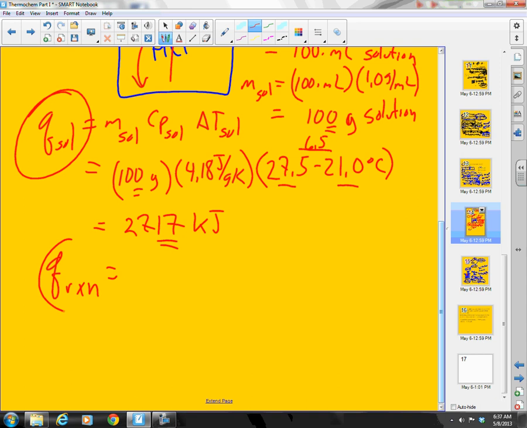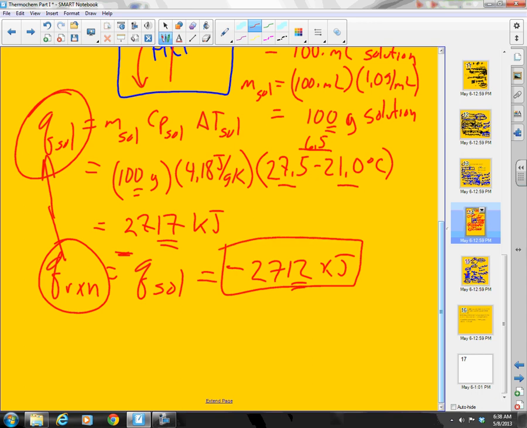All the heat that the solution got came from my reaction. So Q reaction equals Q solution, but the reaction lost it and the solution gained it, so the difference is a sign. So what is my Q reaction? A negative 2717 kilojoules. Cool.